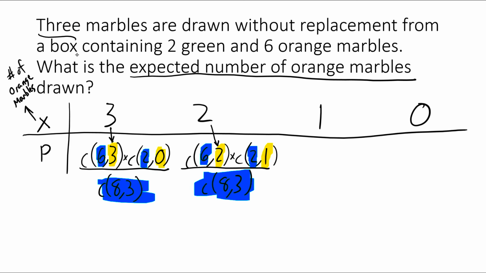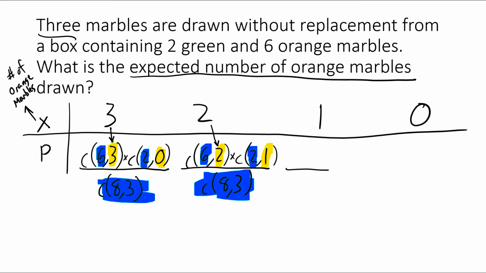That's because the number of orange and green marbles doesn't change. We always have 6 orange marbles. We always have 2 green marbles. We always have 8 total, and we're always selecting 3. So the only thing that changes is the breakdown of those 3 marbles, how many are green, how many are orange.